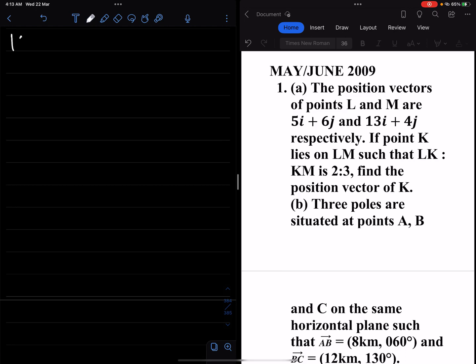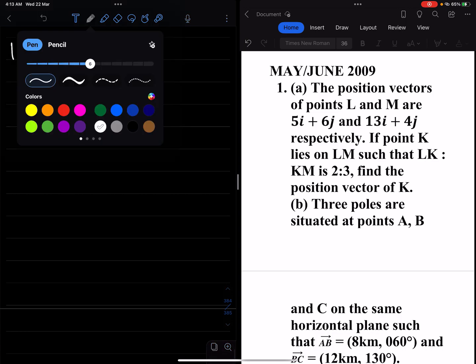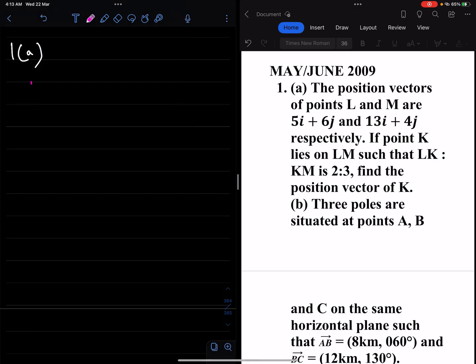Number 1A. The position vectors of points L and M are 5i plus 6j and 13i plus 4j respectively. Let's represent that very quickly. Let this be the vertical axis and this be the horizontal axis. The position vector of L is 5i plus 6j.